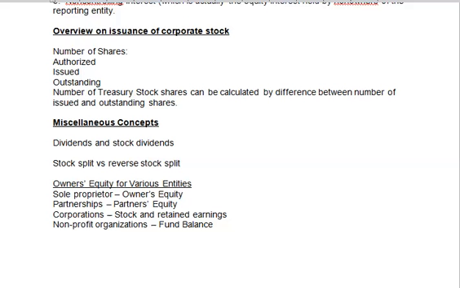Miscellaneous, let's see what else. The book mentions the owner's equity for various entities. What you call it depends on the type of the entity. If you are a sole proprietor, just one owner, that's you, the equity section would have owner's equity.